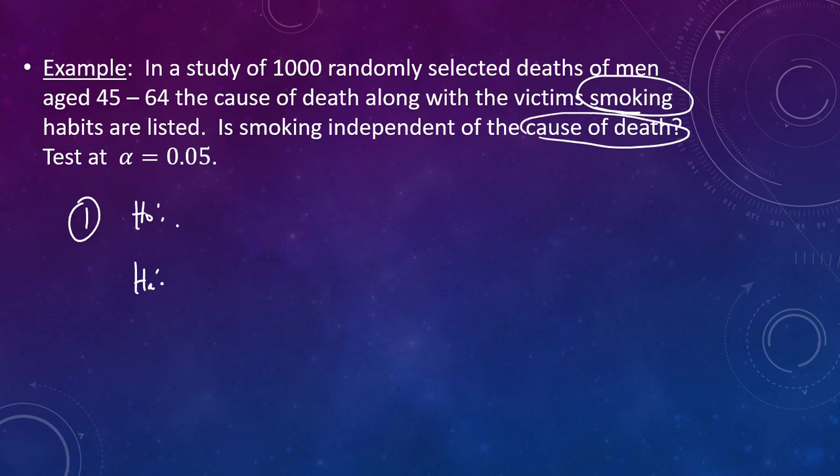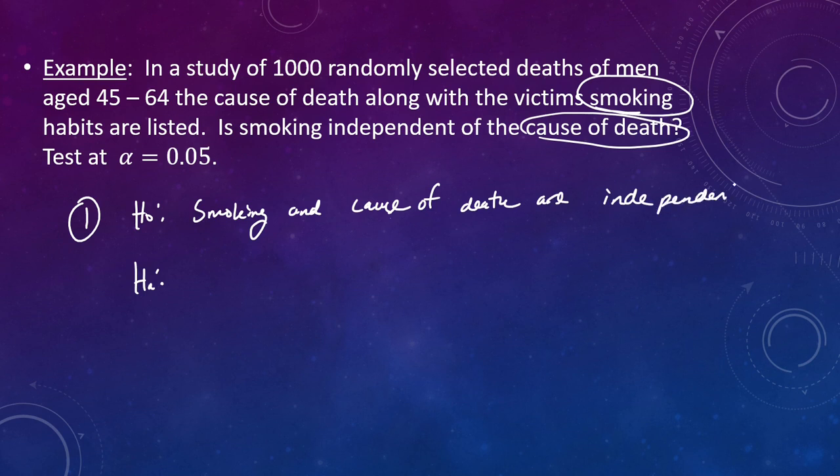So for the null hypothesis, I'm going to write smoking and cause of death are independent. And that's it for the null hypothesis. Smoking and cause of death are my two factors, and for the null hypothesis, we always put the word independent.